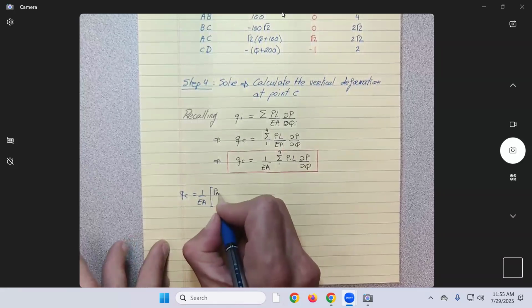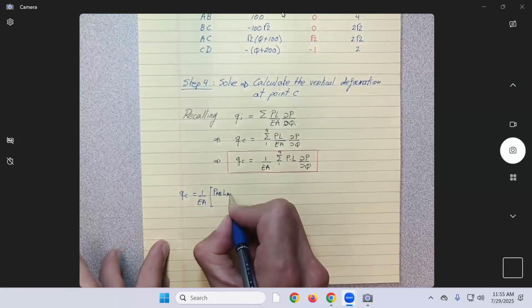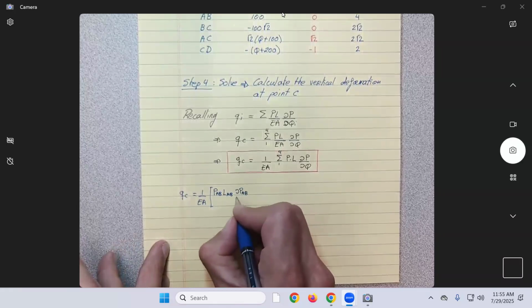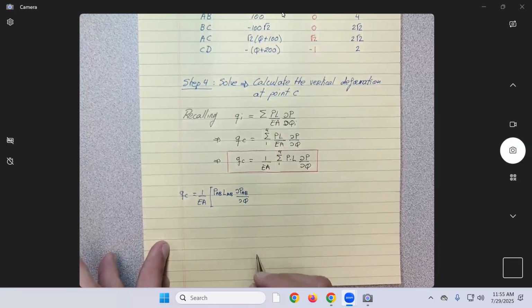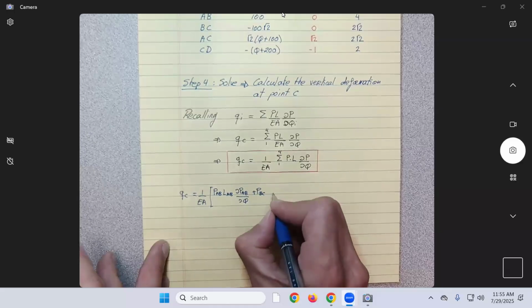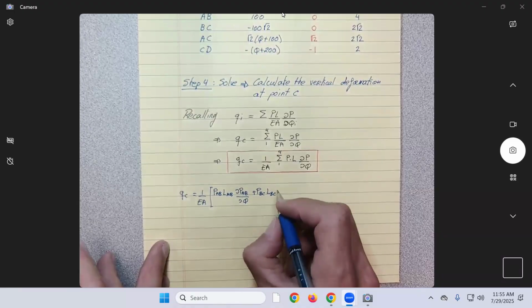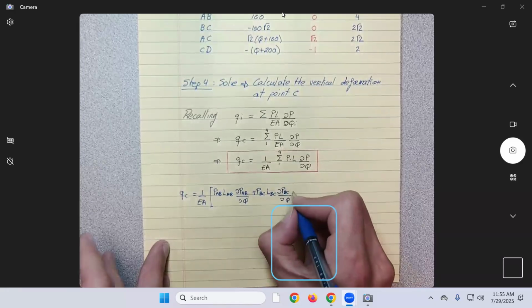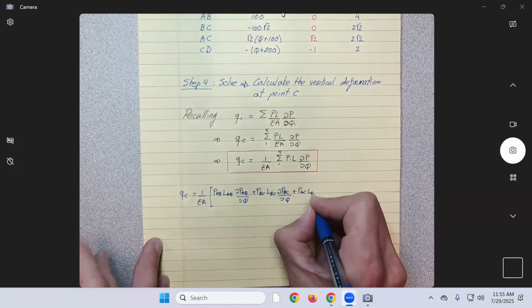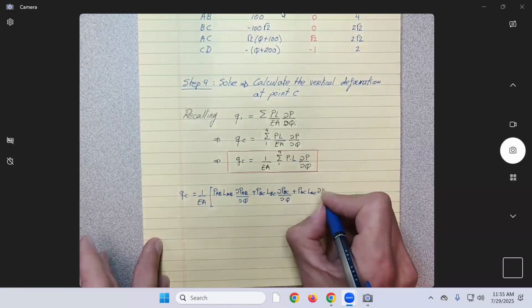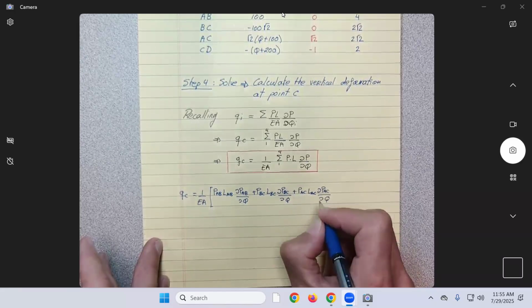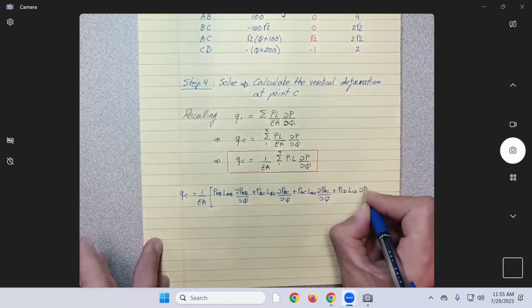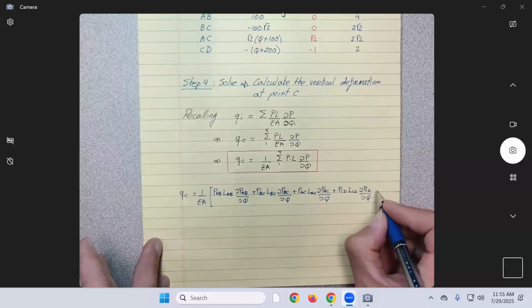I can have PAB times LAB times partial PAB with respect to Q, plus PBC, LBC, partial of PBC with respect to Q, plus PAC, LAC, partial PAC with respect to Q, and finally, plus PCD, LCD, partial PCD with respect to Q.